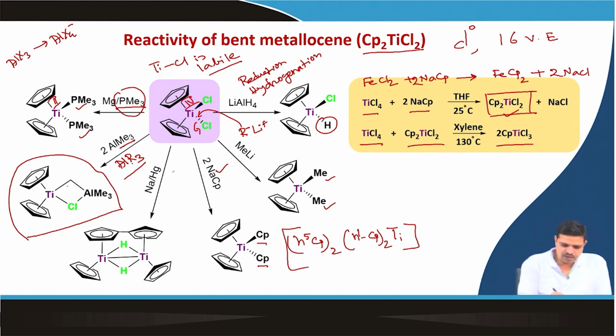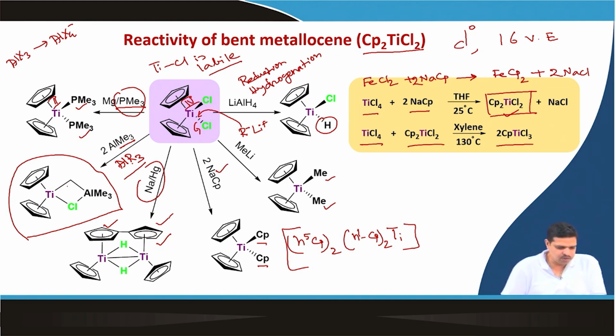Here you see that if you do the reduction using sodium amalgam, it undergoes very interesting reactions. These two Cp rings, this one and this one, undergo a coupling reaction and form a di-titanium complex.